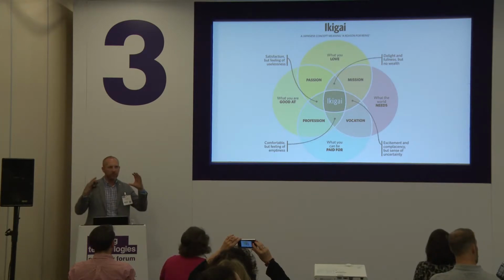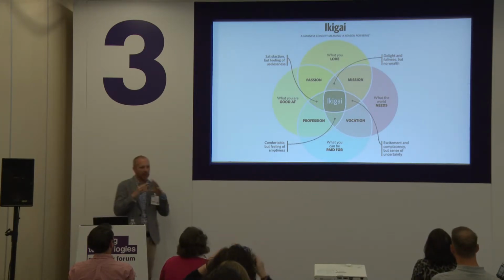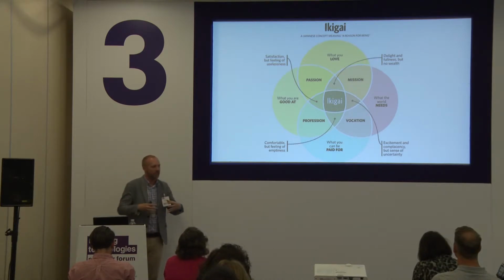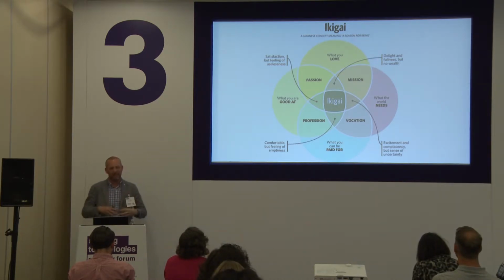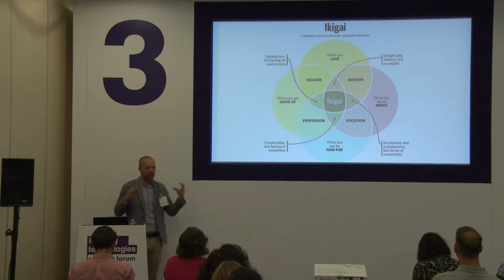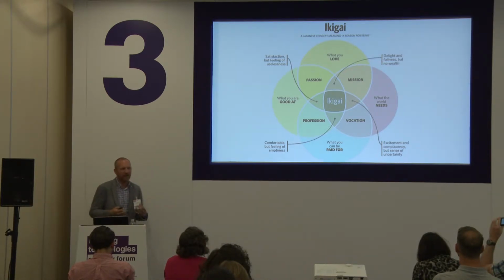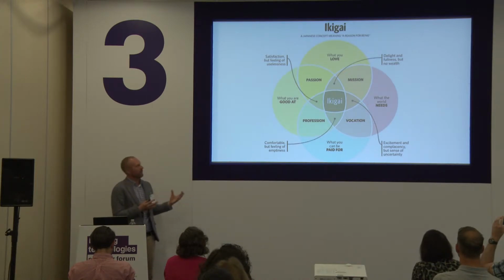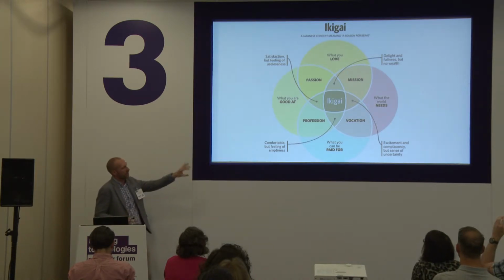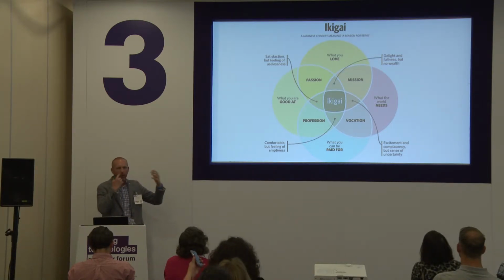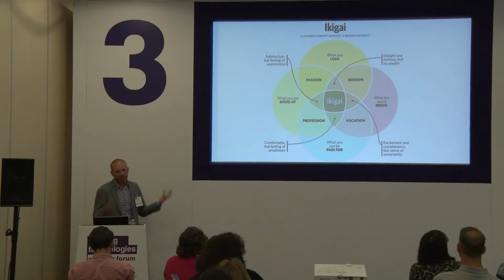But if someone asks what it means to have a purpose, we know that people feel engaged in their job when they have a purpose. But what does that really mean? It's when a whole bunch of stuff all lines up together. It's a feeling that people have, so it's quite hard to define. What's really cool about this model is it looks at your vocation, your profession, what you're passionate about, your personal mission, and it puts them all together.